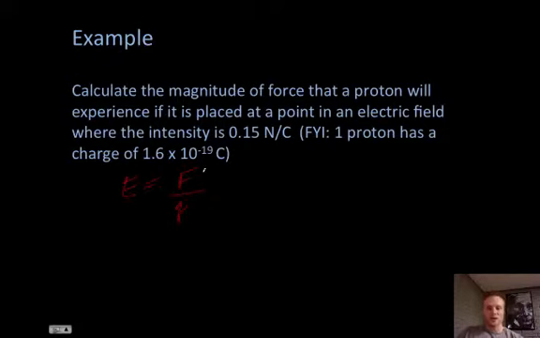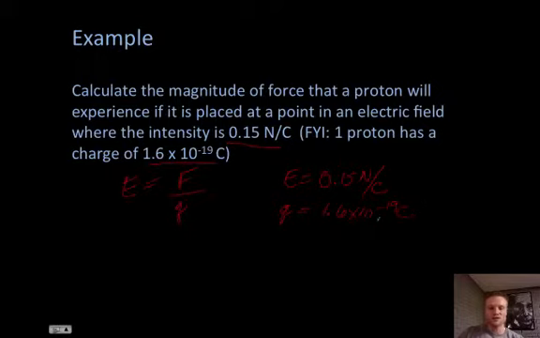They tell us that the intensity of the field is 0.15 newtons per coulomb, and that is big E. The test charge is a charge of 1.6 times 10 to the negative 19th, so that's little q, 1.6 times 10 to the negative 19th coulombs.